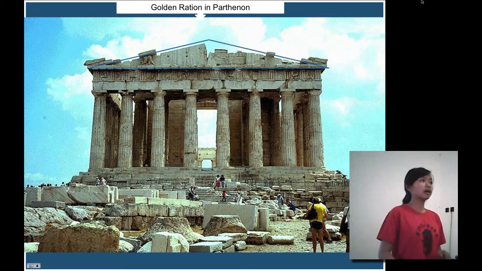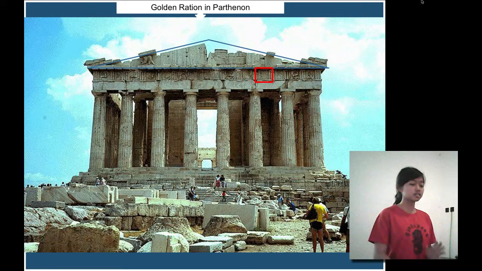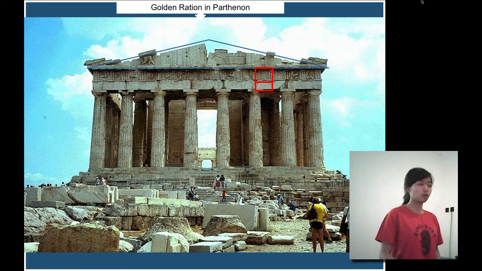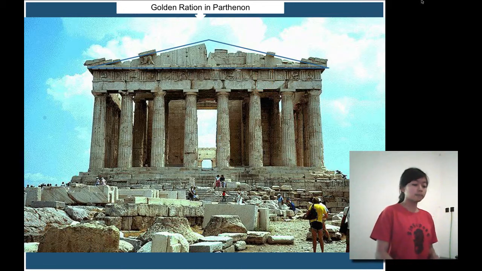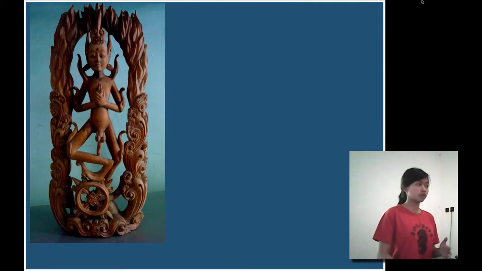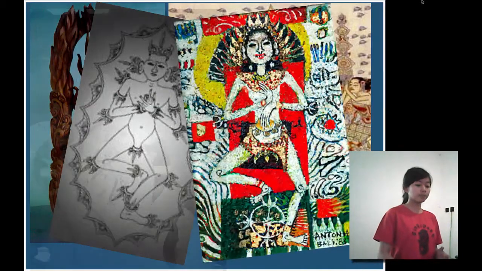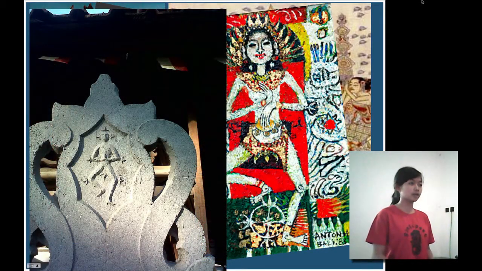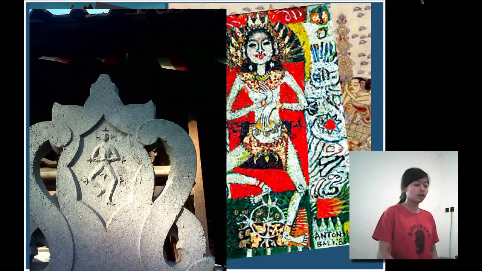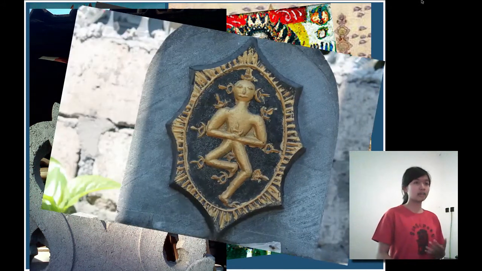ACINTYA is a term from the Sanskrit word meaning unthinkable and unimaginable. Because Balinese Hindus need something real, the unthinkable and unimaginable became a symbol, known as the ACINTYA symbol. I'm Hindu and I live in Bali.